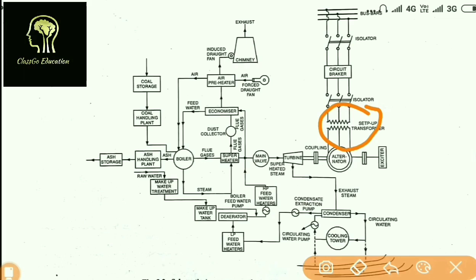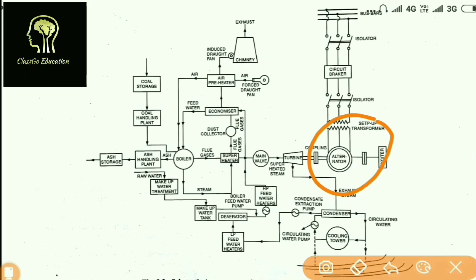So this is the section where generation takes place and your alternator is placed. These alternators have a speed of 3000 rpm for 2 pole, and for 4 pole it would be 1500 rpm.